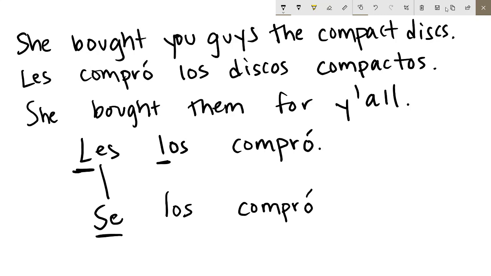So anytime, like in this position right here, the indirect object, if this is third person, this one right here has to become se. So that is double object pronouns.